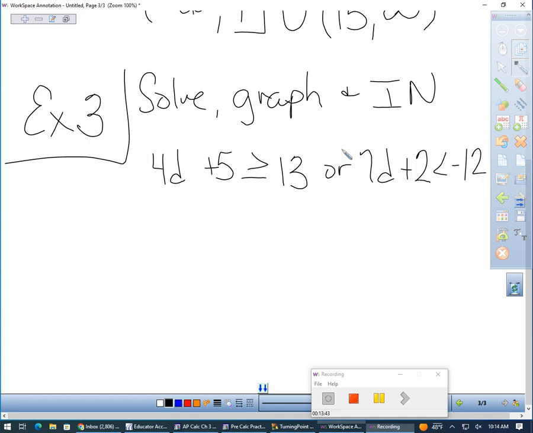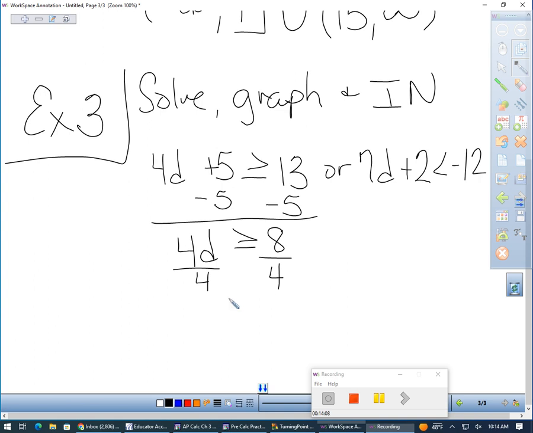All right, so again, I have two separate inequalities, right? I have to solve them. The first one, I'm going to subtract 5 from both sides. I have 4d is greater than or equal to 8. Then what? Good. Divide both sides by 4, and we have d is greater than or equal to 2. Or, let's do this one.